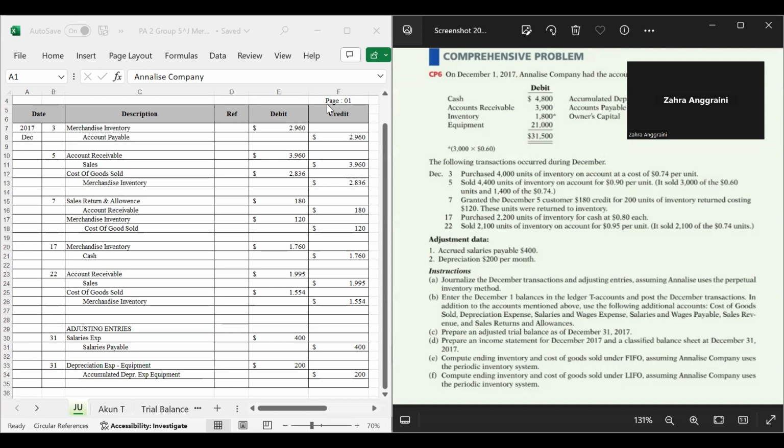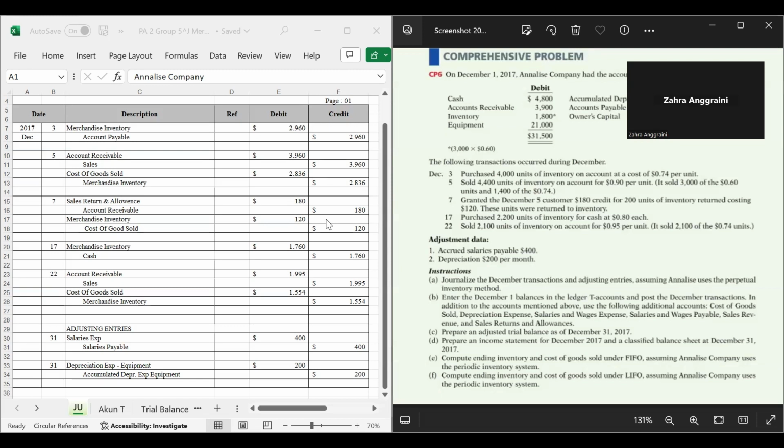So we will record it twice in the journal. First, we will journal the sales return transaction with sales returns and allowances in debit and accounts receivable in credit for $180. Secondly, we must journalize the cost of goods sold return with merchandise inventory in debit and cost of goods sold in credit for $120.